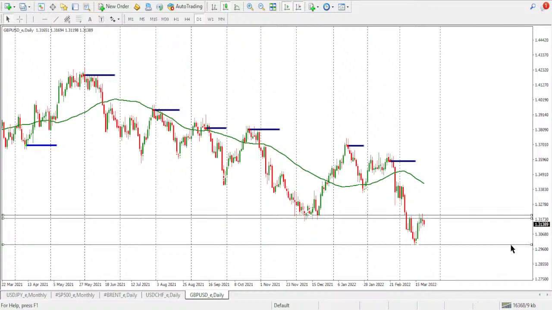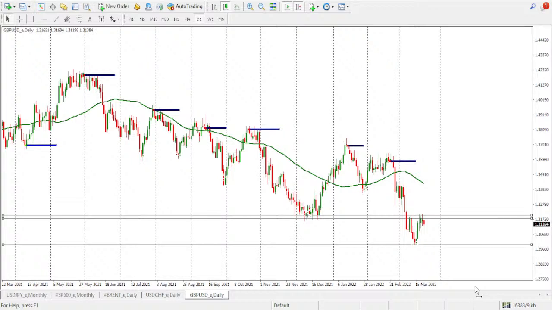This level is 1.29941. We do expect price to go down to it. If the price breaks below it, then we do expect it to continue even lower.